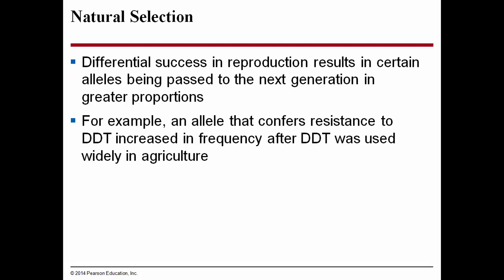Natural selection: differential successes in reproduction result in certain alleles being passed to the next generation in greater proportions. For example, an allele that confers resistance to DDT increased in frequency after DDT was used widely in agriculture.